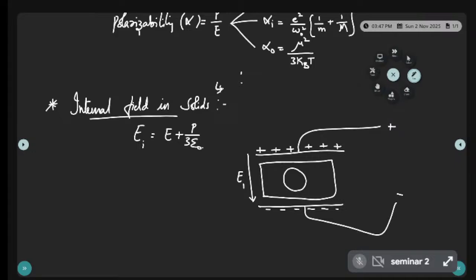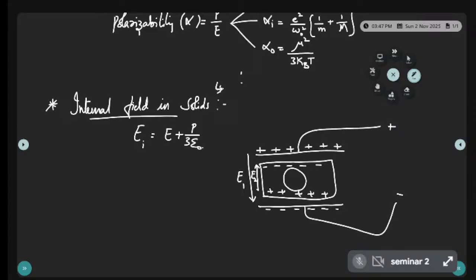When you introduce a dielectric material, on this positive plate negative charge is going to be induced, and on this negative plate positive charge is going to be induced. And in which direction? In the direction of the field or opposite? Opposite. Now, this solid is made up of atoms.